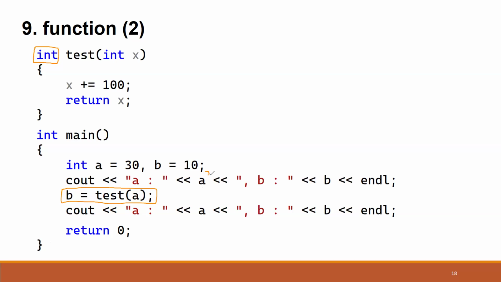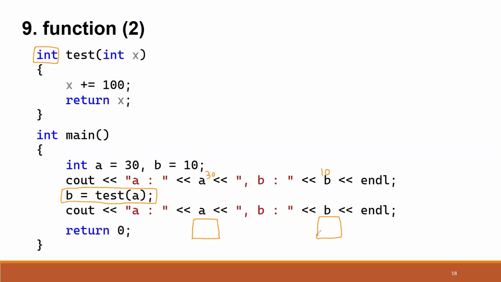This will be 3010, right? What is the value here? A and B. 3010, 30, A is not changing. A is 30. 30 will be passed. Yeah, 30 and 130.